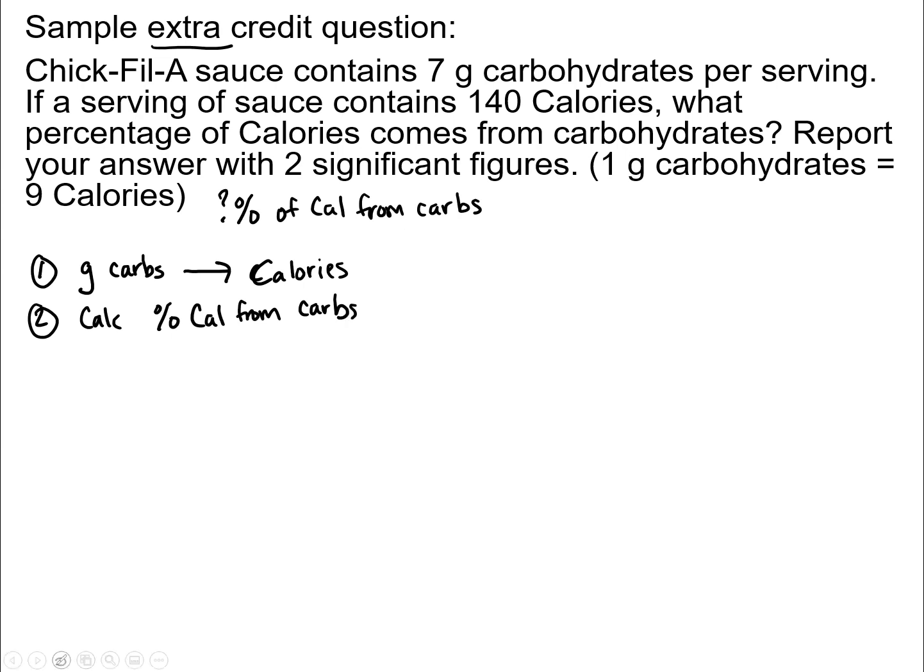This top one is simply a conversion, and you have a unit equation for that. The second part is calculating a percentage, and we talked about percentages. So conversions and percentages are things that we have definitely done.